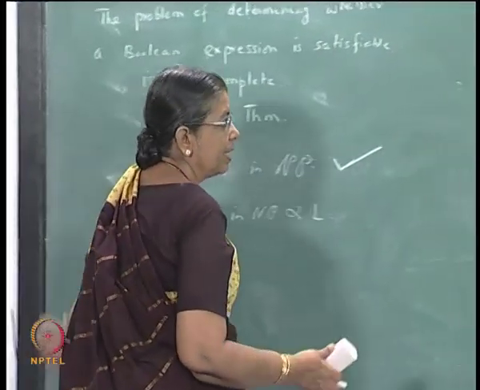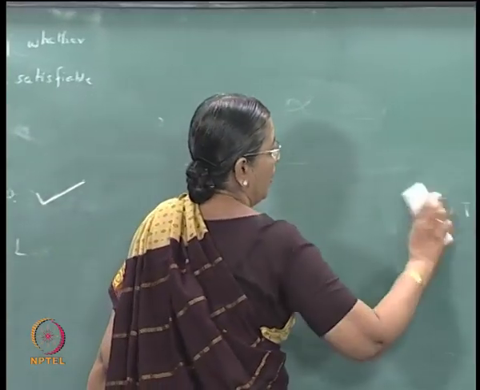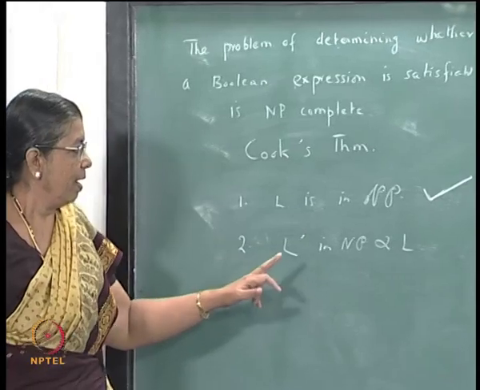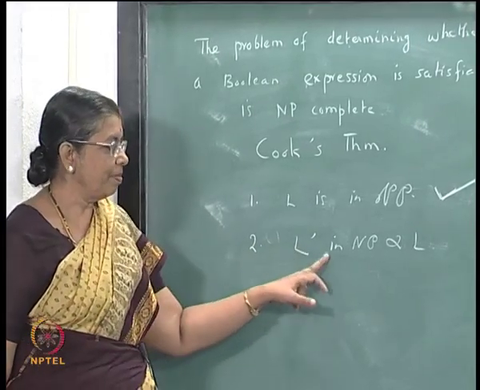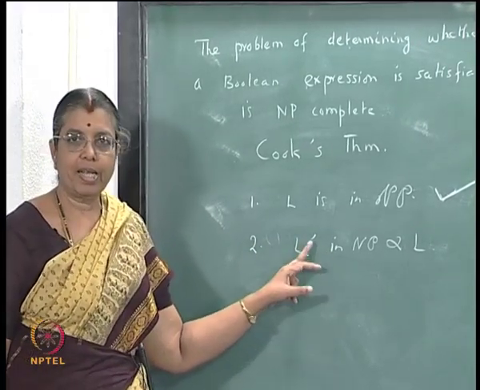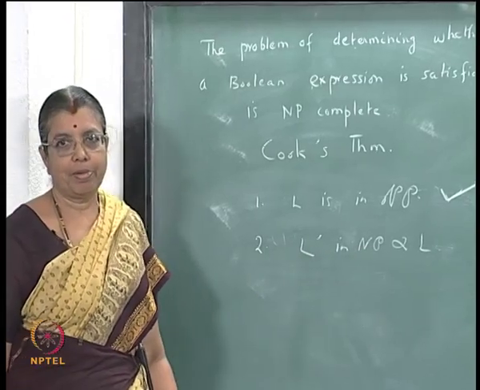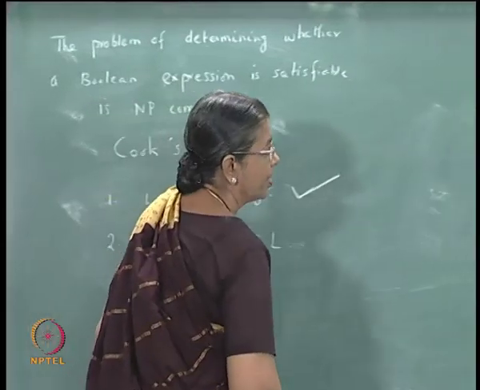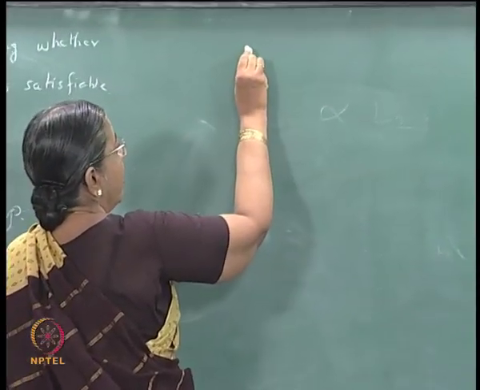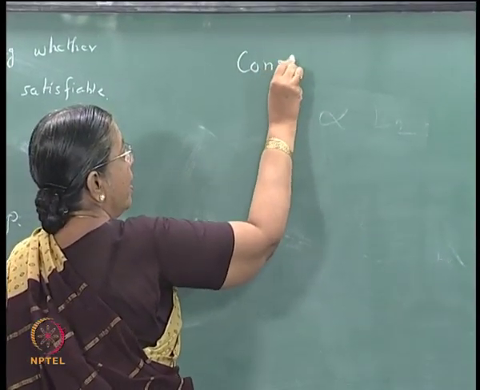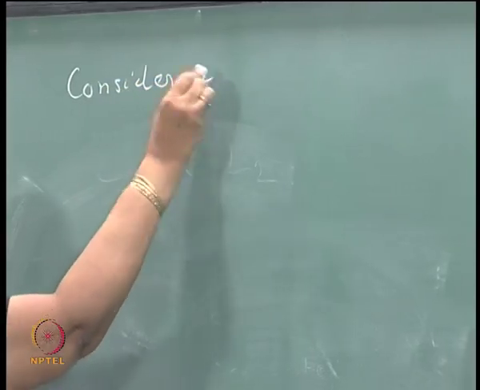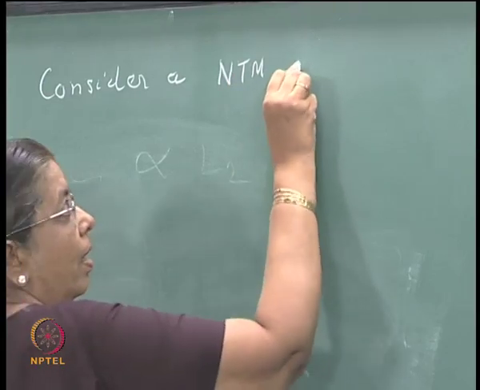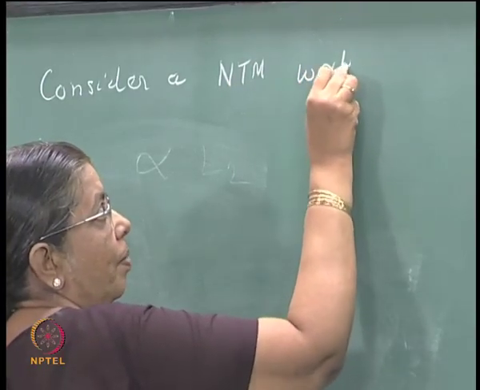The second is, any language L dash accepted by a non-deterministic Turing machine is polynomially transformable to L. This is the proof. What we do is consider a non-deterministic Turing machine working in polynomial time.